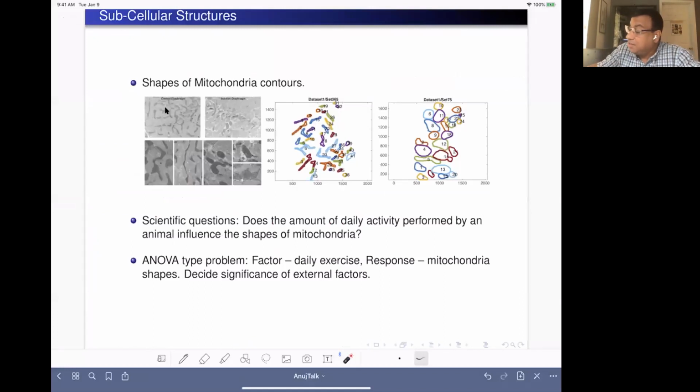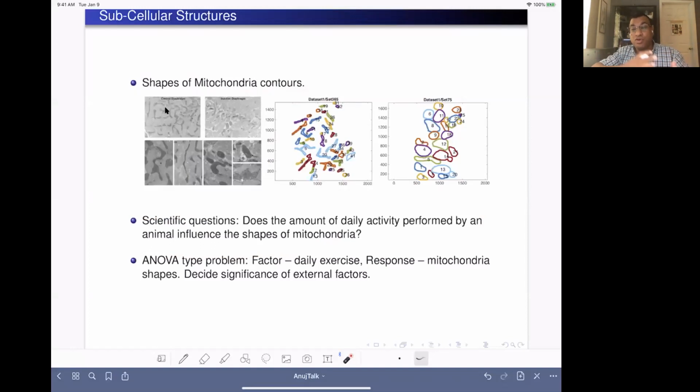So this example I showed you earlier comes from mitochondria data. One slices tissue, thigh tissue in mice, and puts it under a microscope to study the shapes of mitochondria inside cells. This is a wonderful scientific problem that should motivate all of us. If you have two sets of animals, in this case mice, one set was just sedentary, sitting, eating and sleeping.